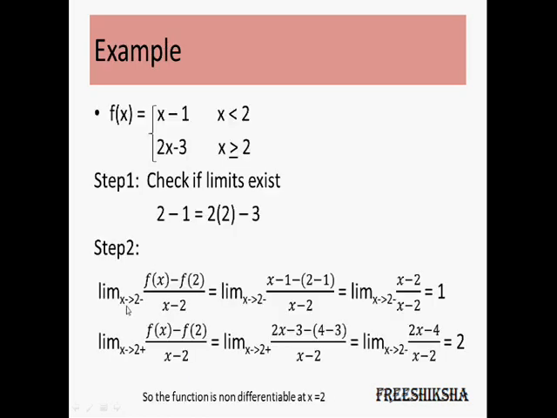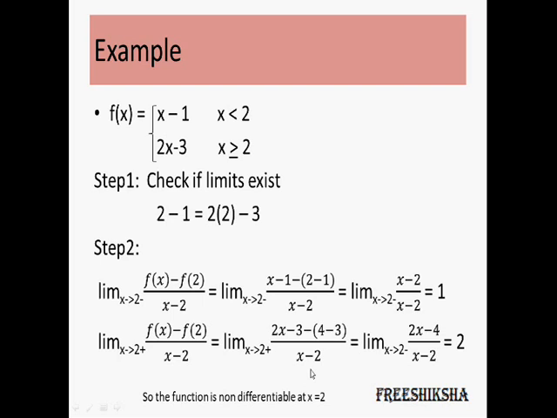So let's check the left hand limit first at 2 minus. For 2 minus we'll consider this particular function x minus 1. For f of x we'll put x minus 1 and for f of 2 we'll put 2 minus 1, and the denominator will be x minus 2. Then we'll calculate the limit. It's giving you 1. Okay, and then let's check the right hand limit, which is 2 plus. We'll consider this particular function for that. f of x would be 2x minus 3 and f of 2 would be 2 into 2, 4, minus 3.